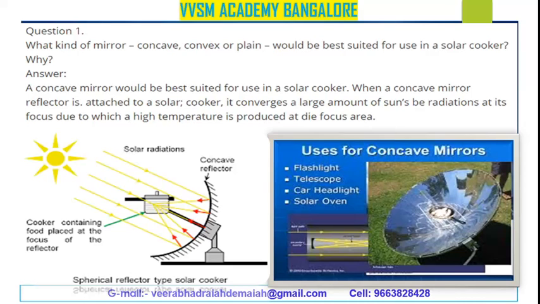Concave mirrors and concave lenses are highly useful in physics and in modern instruments like telescopes, flashlights, and microscopes, compound microscopes, etc. Concave lenses and convex lenses are also used. So these are very important concepts and sources of energy, my dear friends.